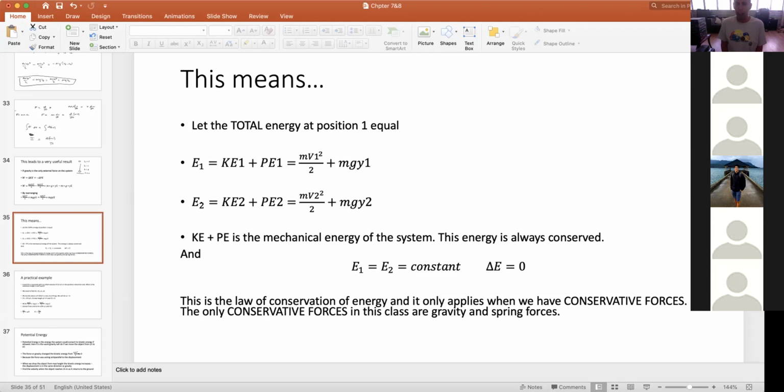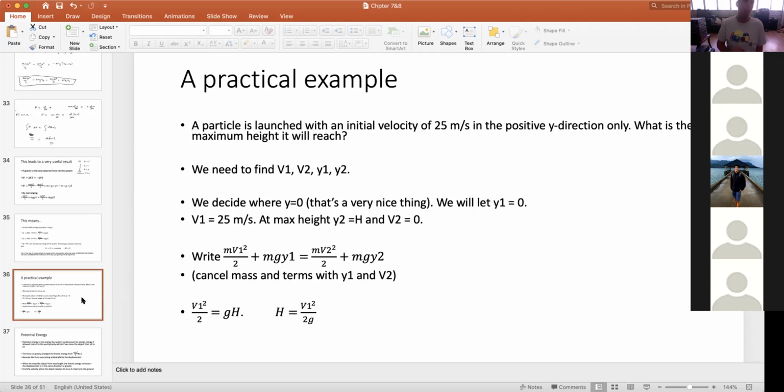The total kinetic energy at position 1 plus the total potential energy, and I say total because we could have multiple masses, and we'll do that one in a second, is equal to the total kinetic energy plus the total potential energy at position 2. Now, a particle is launched with an initial 25 in the y. What maximum height? We've already done that one. But there is a really, really important idea here.